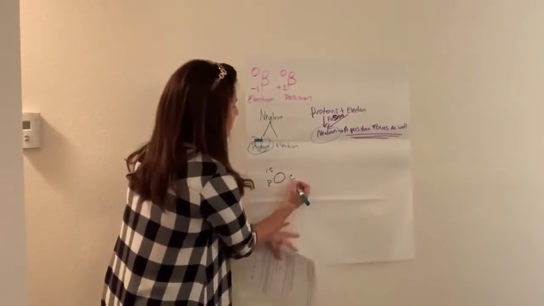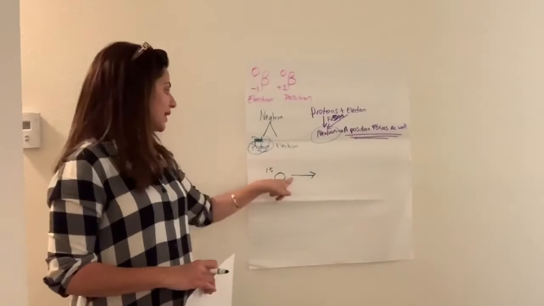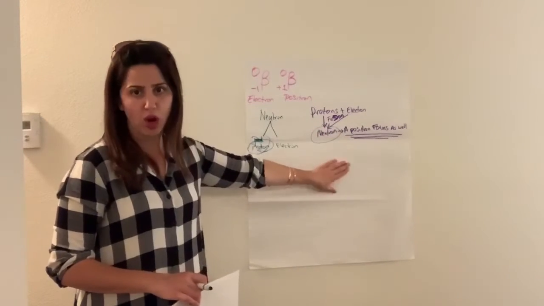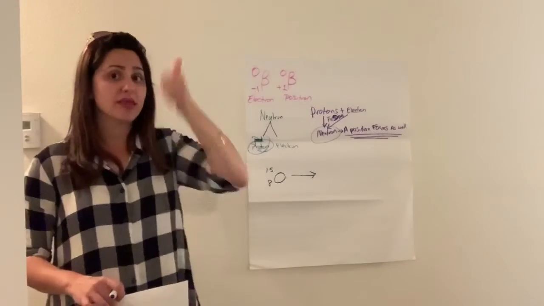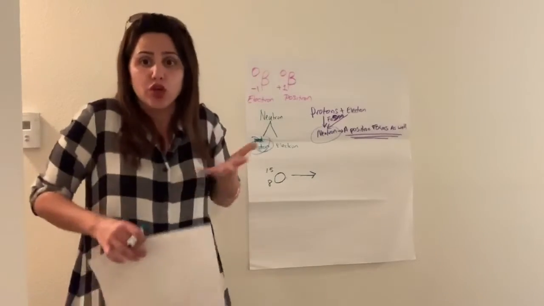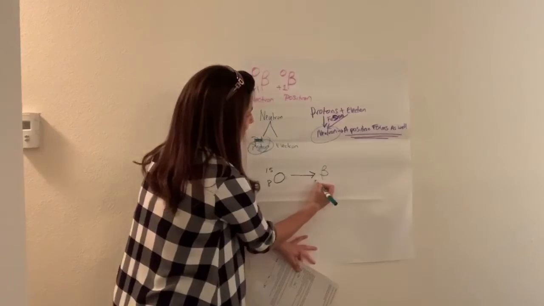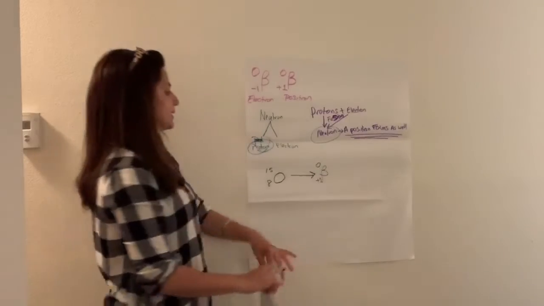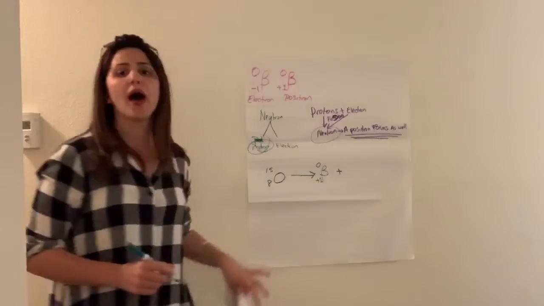And so when this undergoes beta, positron decay, we're going to have an arrow indicating what is going to be the resulting products. And there's going to be 2 resulting products. One is going to be the actual positron that's formed, and the second thing is going to be the new element that is formed. So first let's write down this positron. So we have the B with a +1, and it has an atomic mass of 0, plus what the new element is.